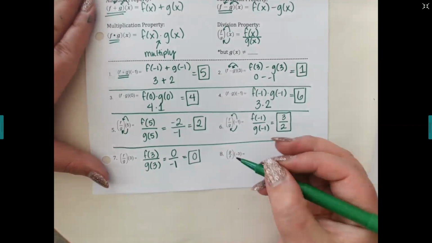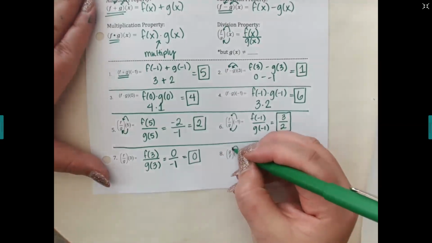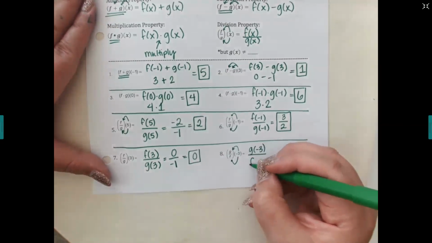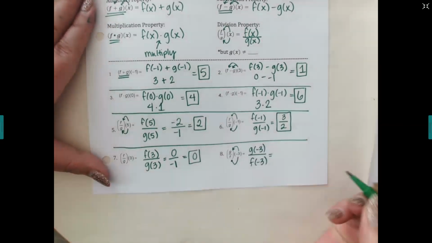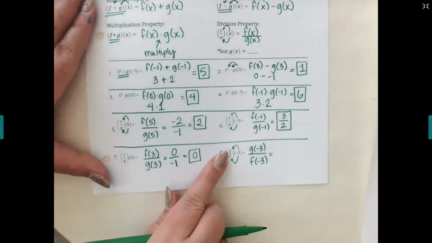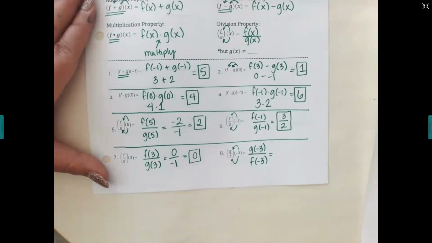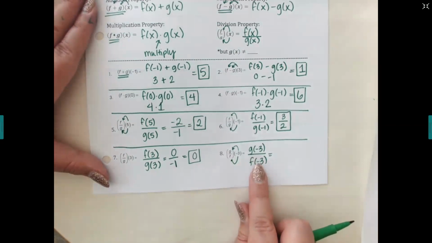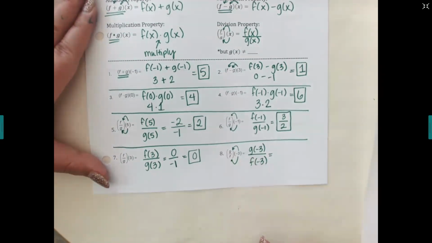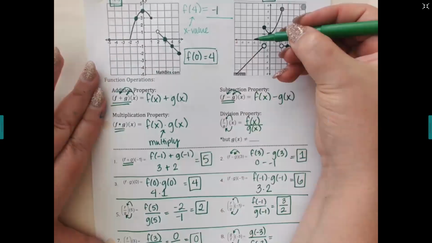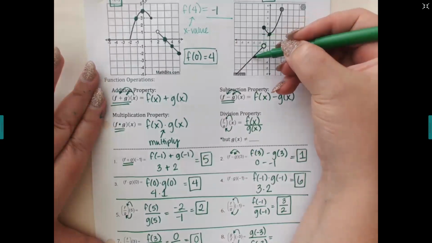Okay, for this one, I want g over f of -3. So I'm going to share that number with both. Also, make sure, this is the first example where g was the top function, but just follow whatever order is presented in the question here. Okay, then I'm going to find g of -3, f of -3, and then divide. So take a look at g of -3. I'm going to go up to the graph real quick. Okay, -3 would be here. I have to trace down.